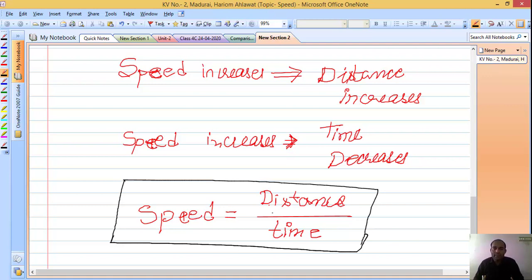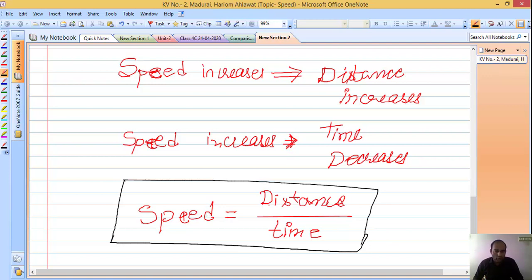If you want to find out the speed, you need to know how much distance has been covered and how much time has been used to cover that distance. If you want to find out the distance, you need to know the speed and the time. If you want to know the time, you need to know the speed and the distance covered.